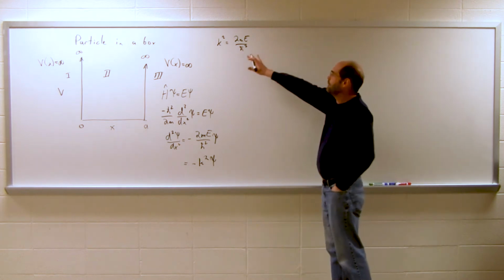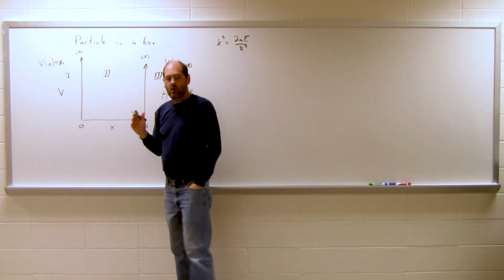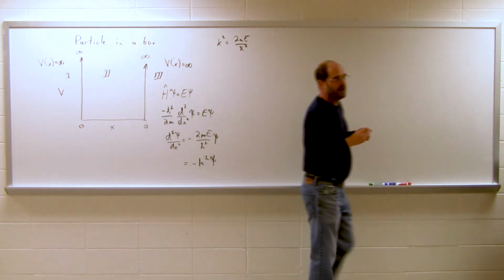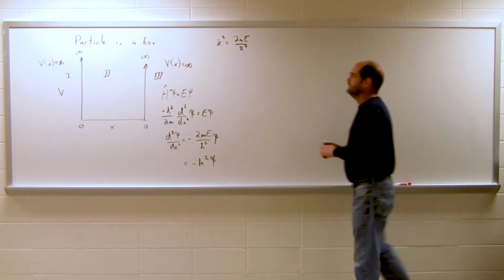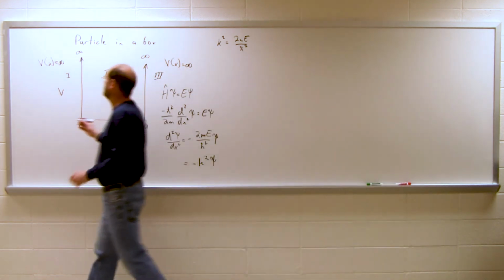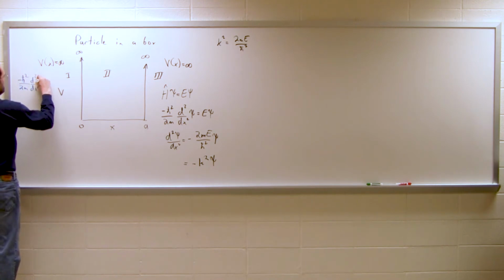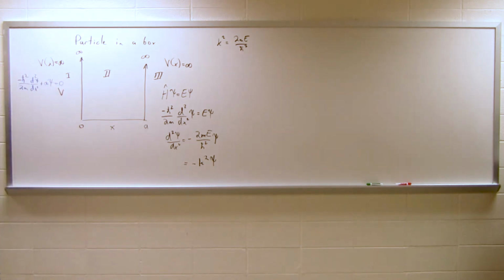But before I do that, I'm going to do these regions first. Region number 1, region number 3. If I solve the Schrodinger equation in those regions, what options do I have? In region 1, my potential is equal to infinity. So, minus h bar squared over 2m, second derivative of the wave function, plus infinity times the wave function is equal to 0.